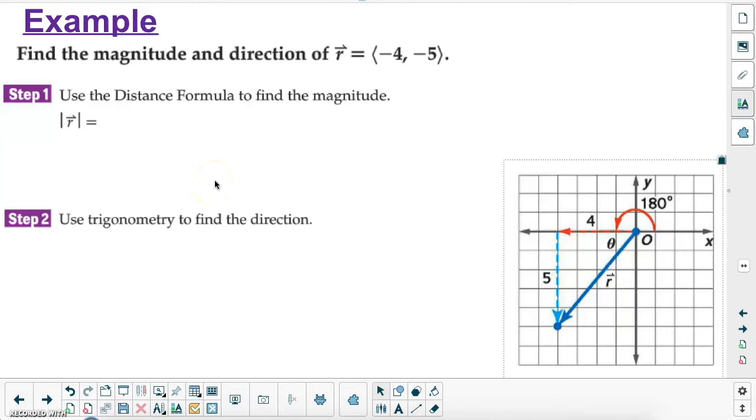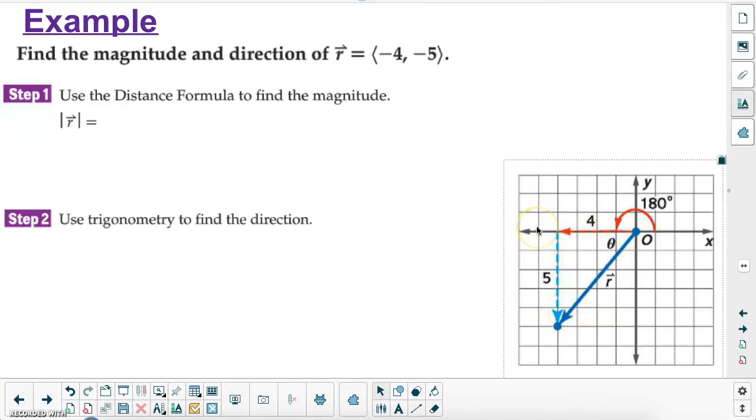Now we're going to take a look at finding the magnitude and direction of vector r with the component form -4, -5. So we're going to look at that graph in standard position. We are moving -4 and -5. That gives us our right triangle to be able to find the magnitude and the direction.